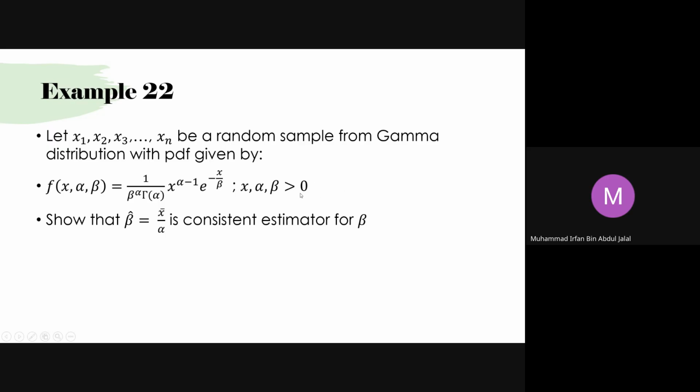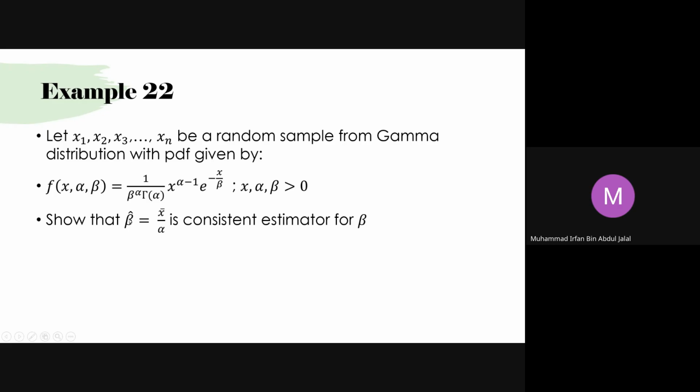That's the reason why it's more than zero, and alpha and beta as parameters should also take positive values. That's the reason why we restrict the values of the parameters and the support of the distribution for x to quantities larger than zero. And then we have this estimator.